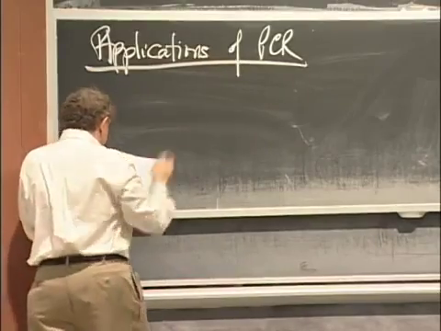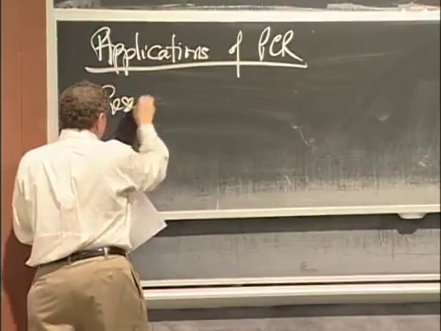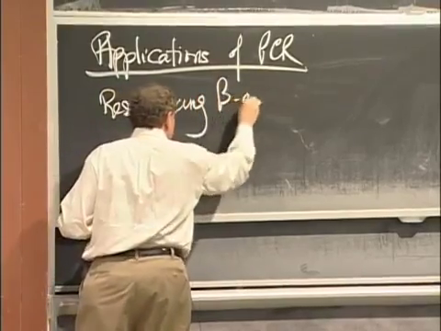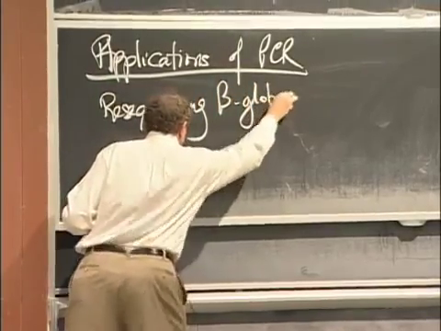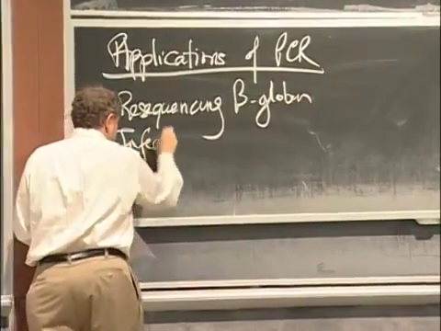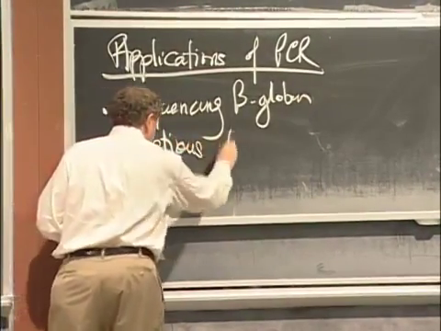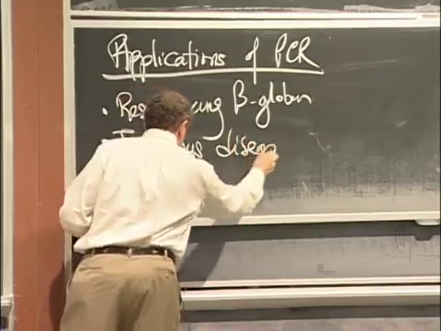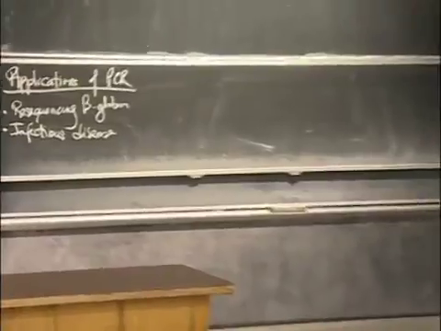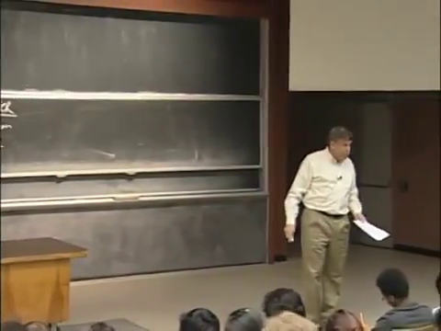Resequencing a known gene, yes. Resequencing beta globin, but infectious disease. I have a patient. I think there might be a bacteria, there might be a virus in the blood. What do I do?